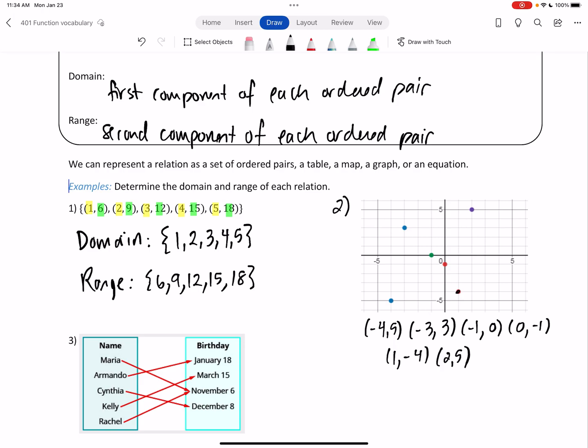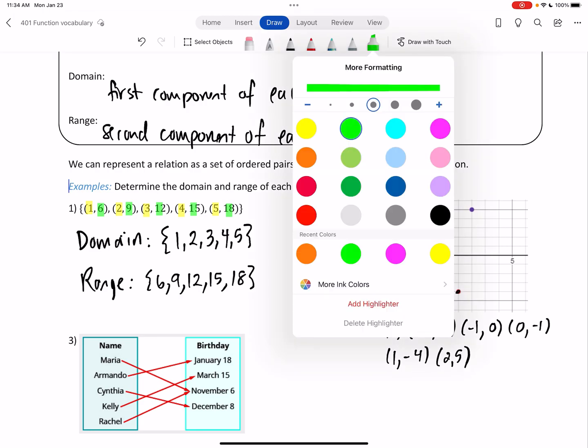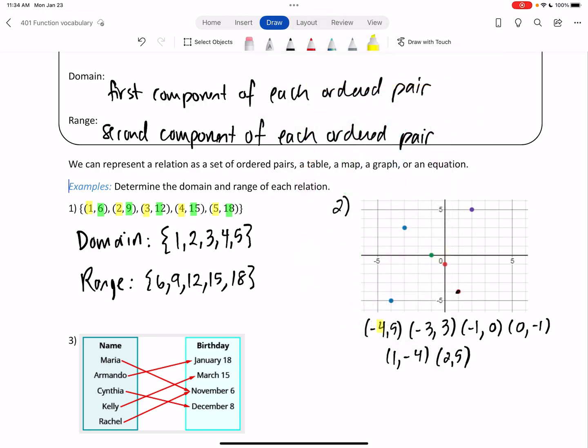So I took this graph and I represented each of the points as an ordered pair. And now to find the domain, I just list those first values. So -4, -3, -1, 0, 1, and 2. And to find the range, I list all the second components. Or if you're looking at the picture, these were the y values.